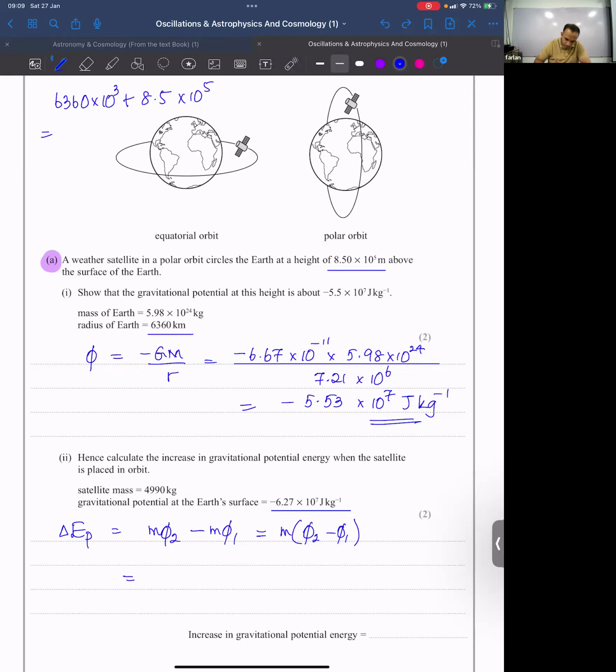So m, the satellite mass, is 4,990. Phi2, that means once you put it to the orbit, the gravitational potential is minus 5.53 into 10 to the power 7, minus, when it is on the surface of the Earth, it's minus 6.27 into 10 to the power 7. So minus minus will make it plus 6.27 into 10 to the power 7.